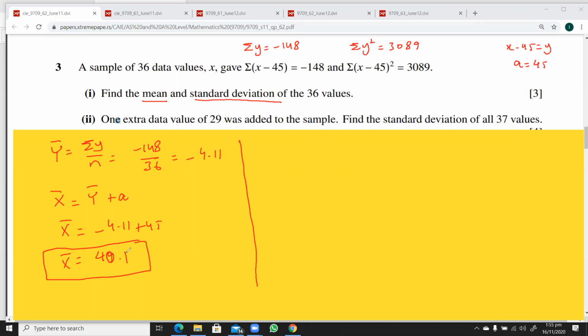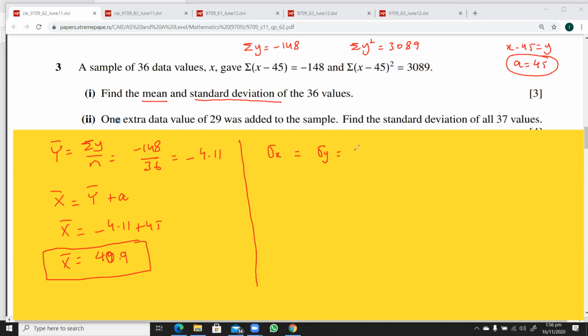This is 40.9. Okay, now bacho, when you define this standard deviation, you are basically going to give the standard deviation of x, and you must say that is the same as the standard deviation of y. You must say that, okay? Because we have just discussed that there is a difference in their means, and the difference is of this 45, but their standard deviations are going to be the same, okay?